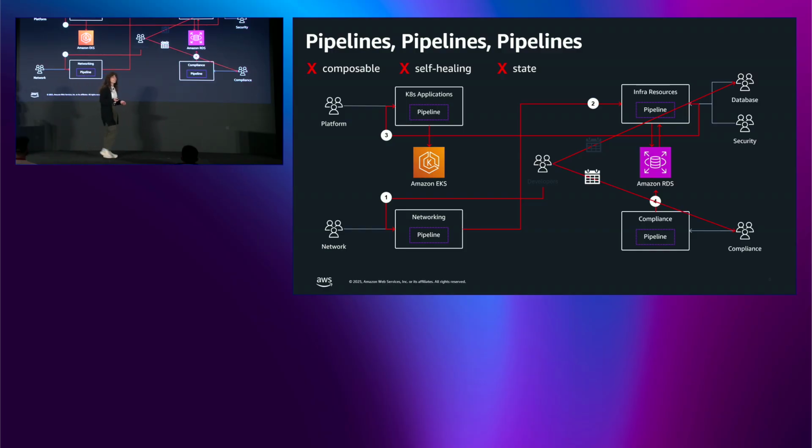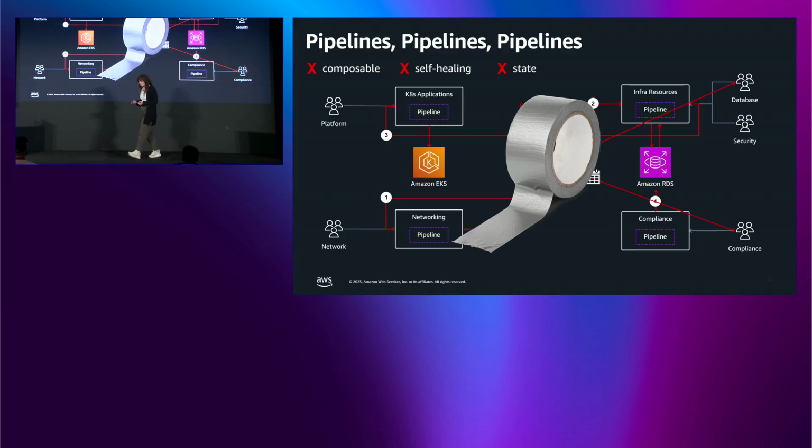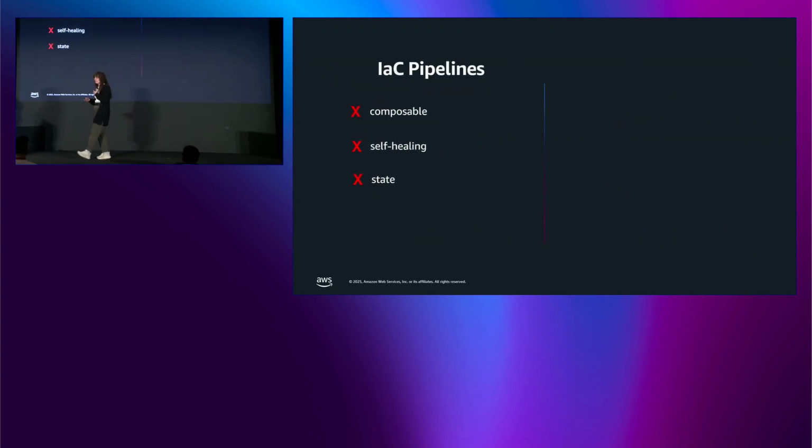And if you are thinking that Gen AI is going to solve your problems, garbage in, garbage out. If you feed the Gen AI with a lot of mess, it will probably create much more mess. That leads me to think, are pipelines the right tool right now?